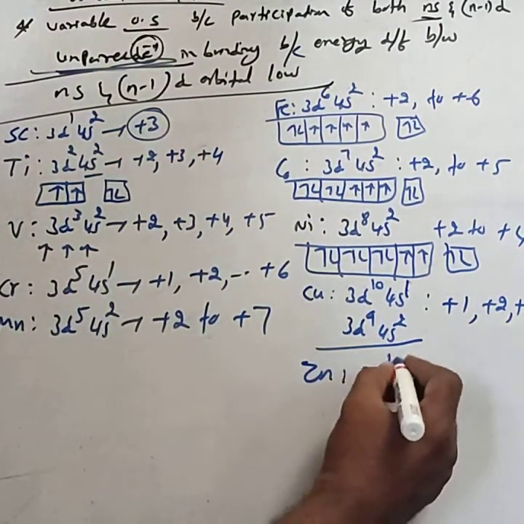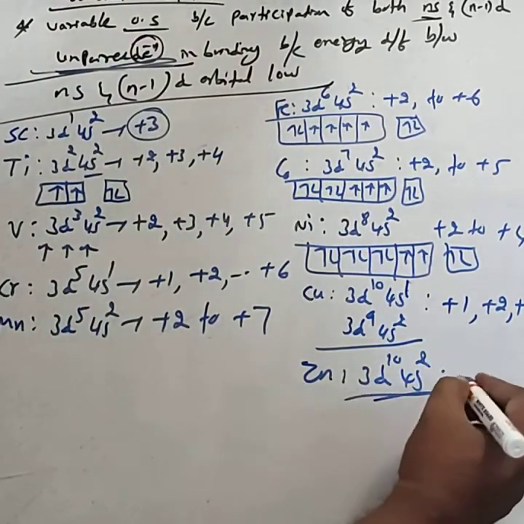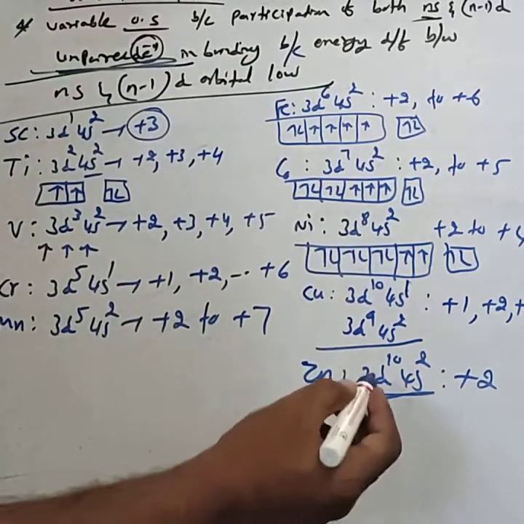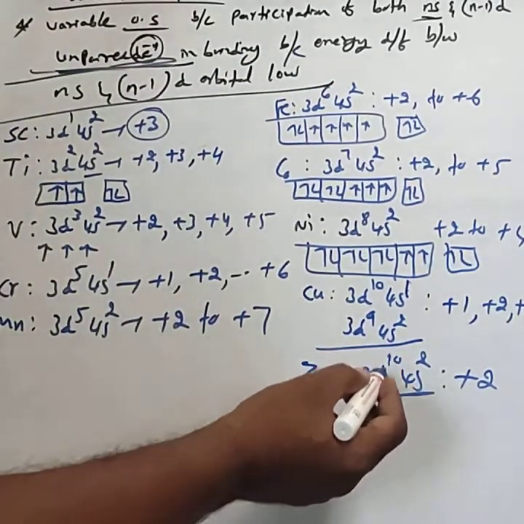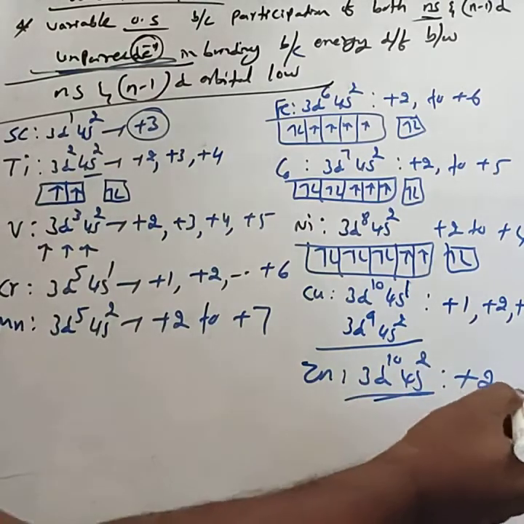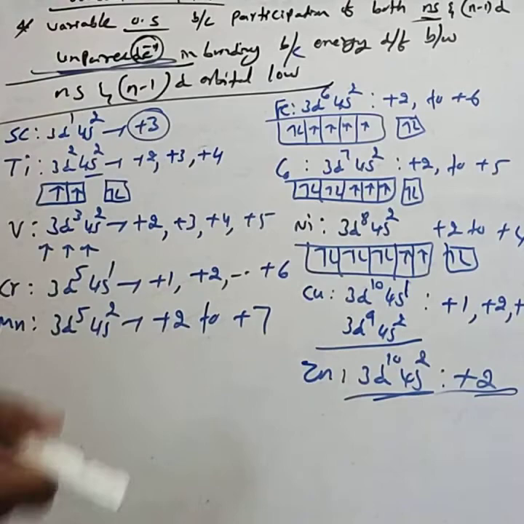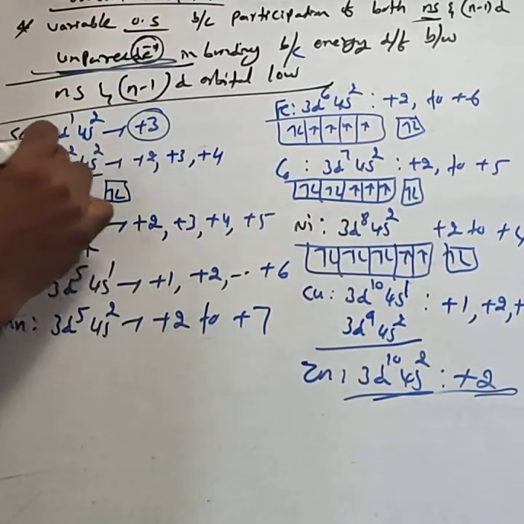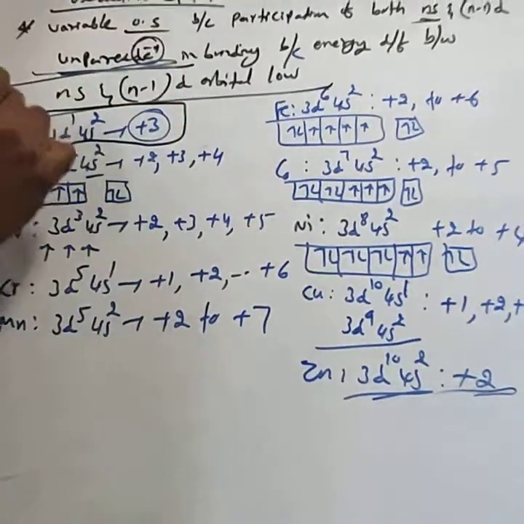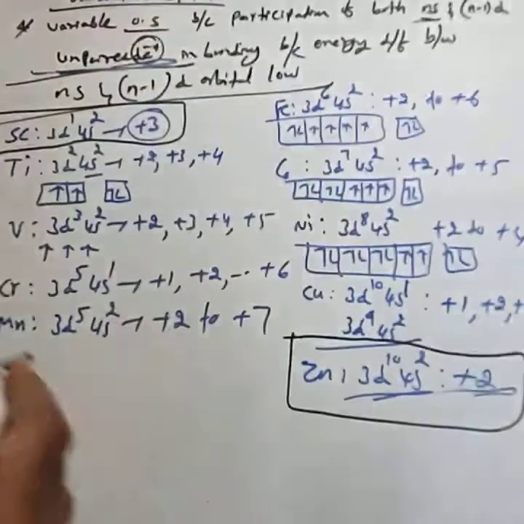Zinc means 3d10 4s2. Only s electrons are involved, it shows +2. d10 is completely filled, paired electrons, no unpaired electron, hence only s electrons are involved, hence it shows the +2 oxidation state. You have to remember that only scandium and zinc do not show variable oxidation state.